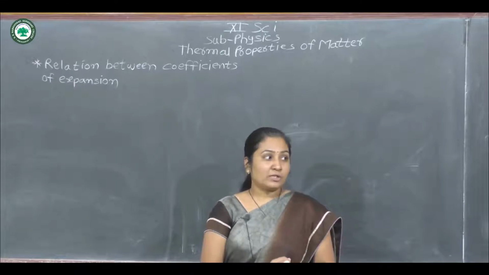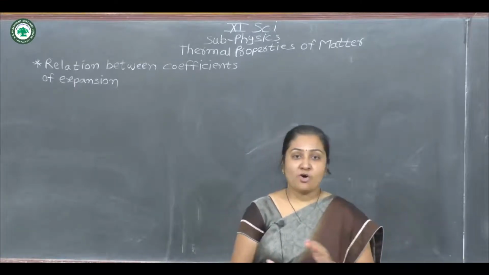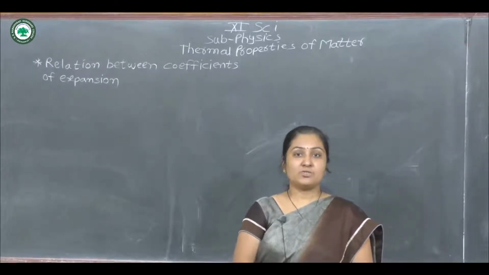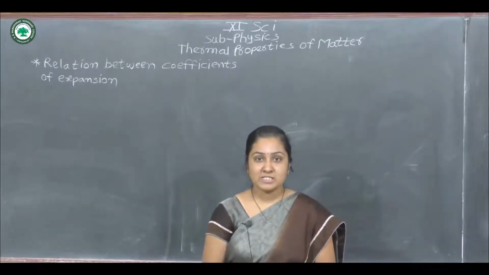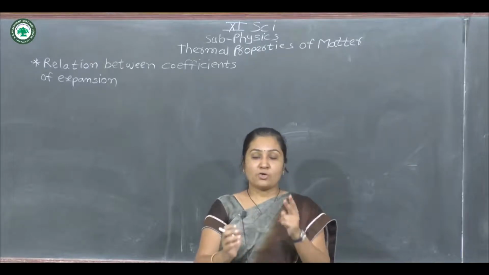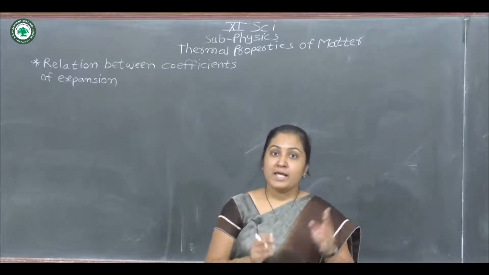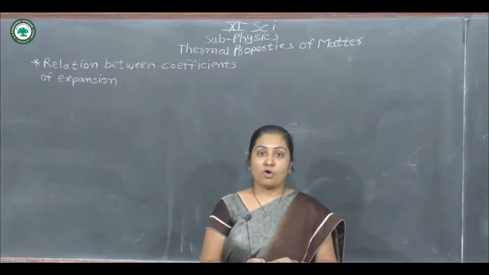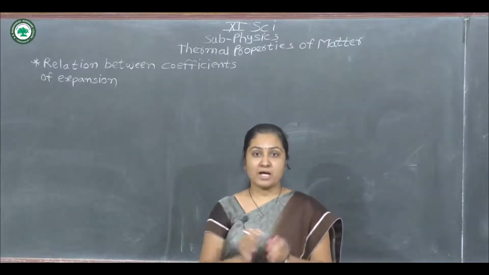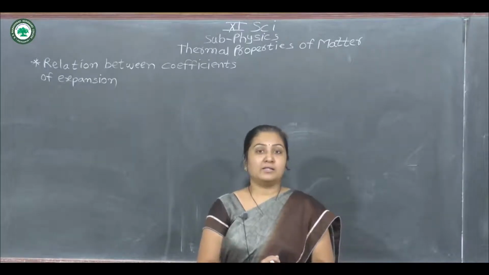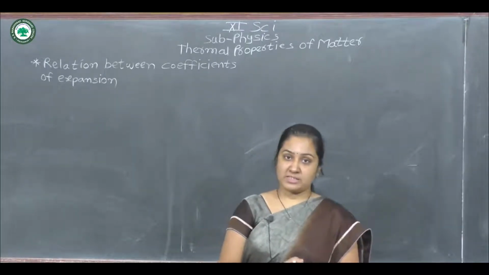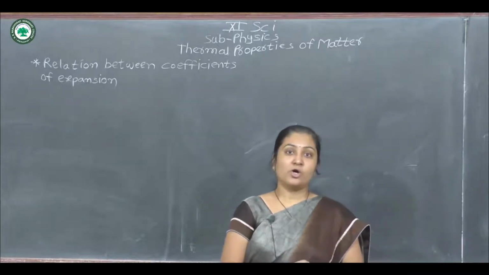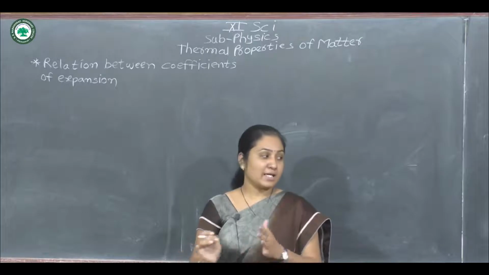So there are a total of three coefficients of expansion. The first is the coefficient of linear expansion, the second is the coefficient of areal expansion, also called the coefficient of superficial expansion, and the third is the coefficient of volume expansion or coefficient of cubical expansion.